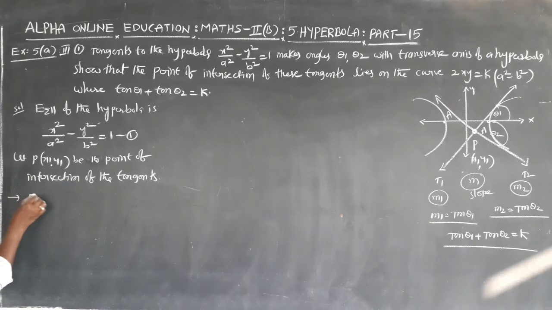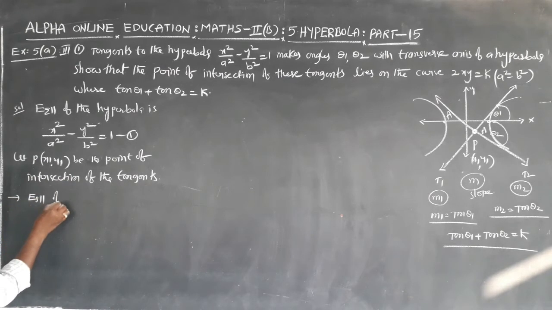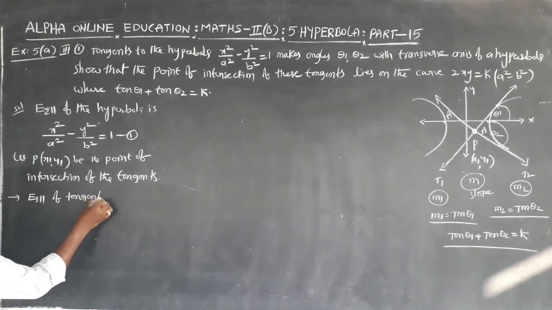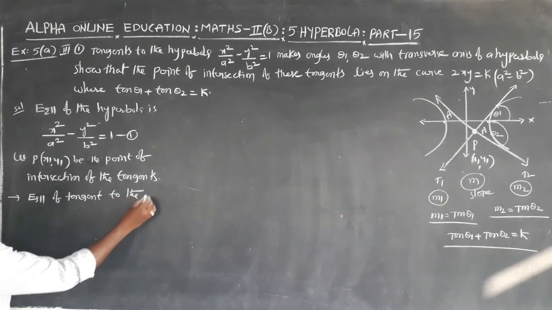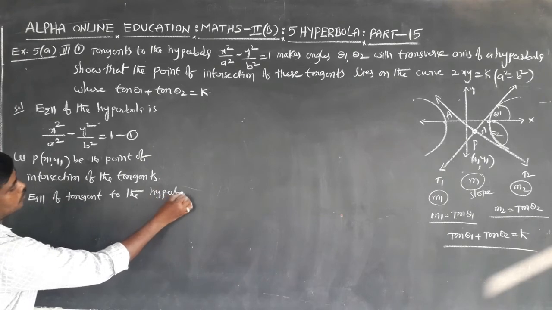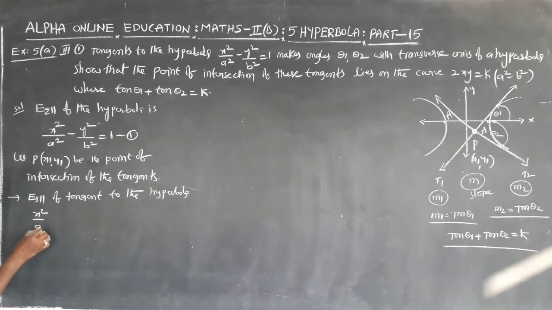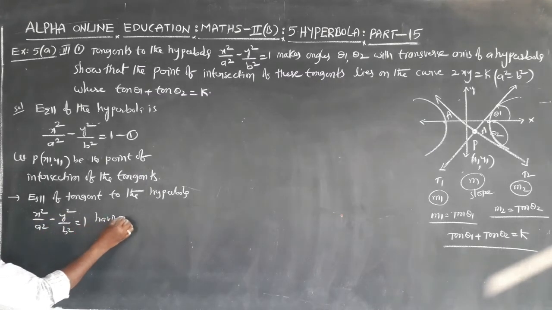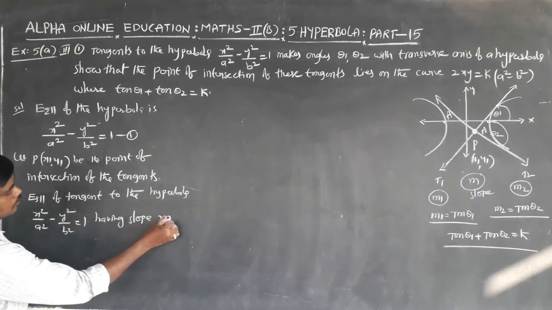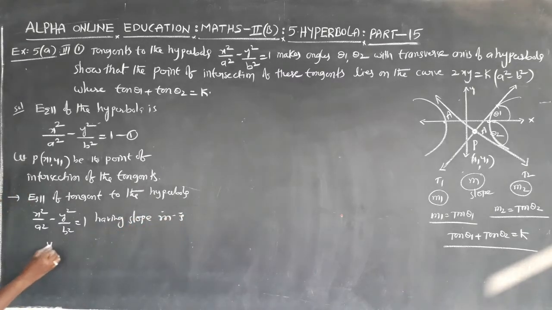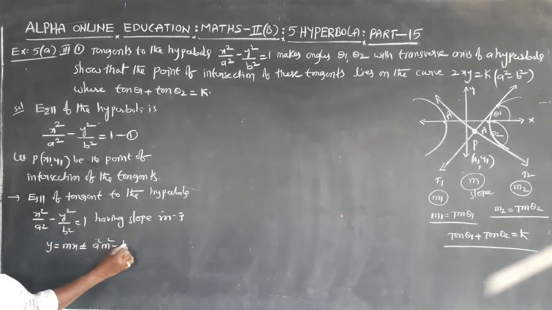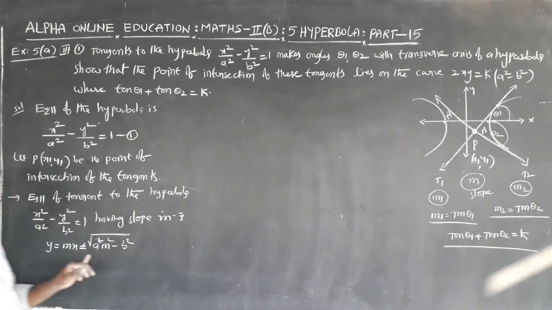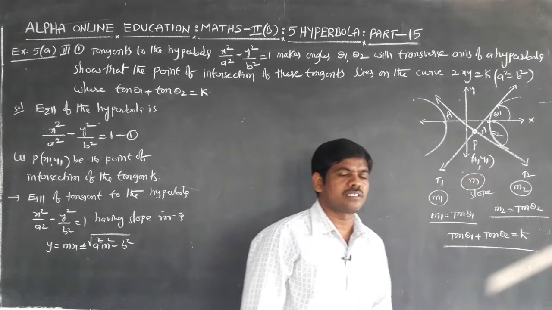The equation of the tangent to the hyperbola x square by a square minus y square by b square equal to 1, having slope m, is y is equal to mx plus or minus under root of a square m square minus b square. Plus means first line, minus means second line.